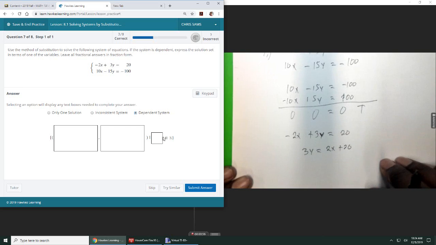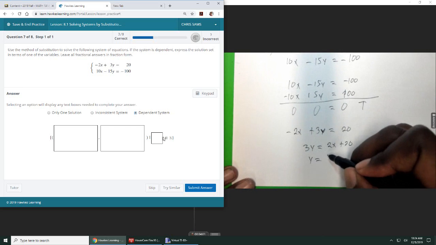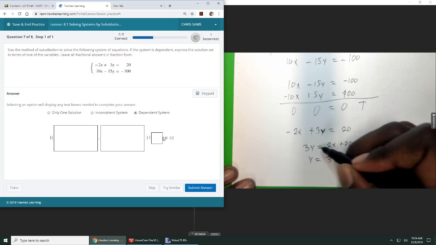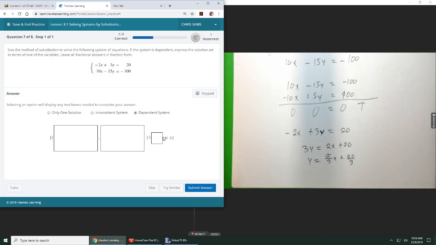Divide by 3. And we get y equals 2 divided by 3x, and then plus 20 divided by 3.